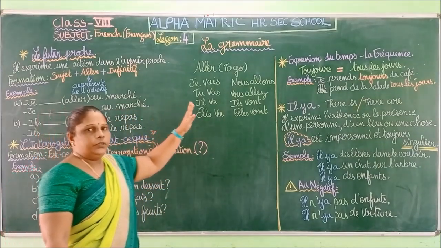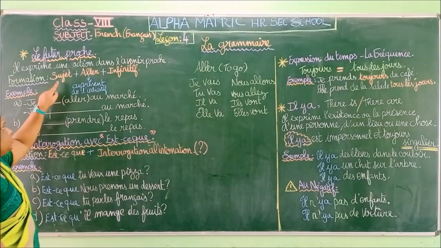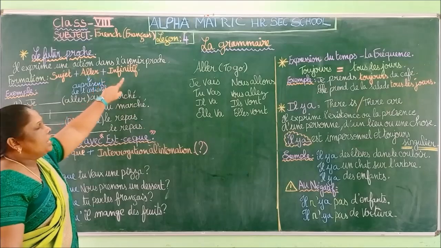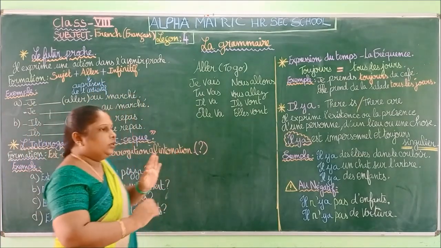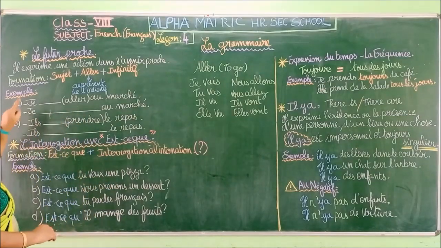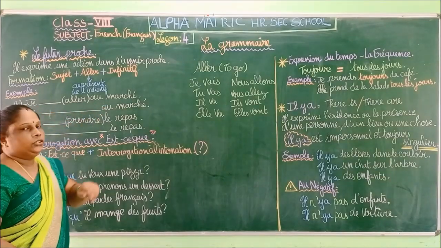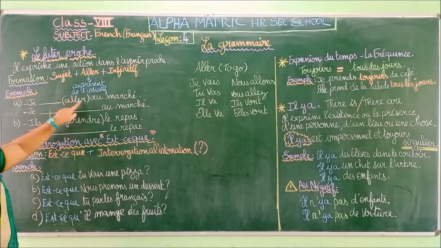So it will be used in the futur proche. As we saw the formation, subject plus verb aller in present tense plus infinitive. The infinitive is the verb given in brackets. Okay, so I have given you some examples. So je, aller au marché. So this will be the topic. Je, aller au marché.